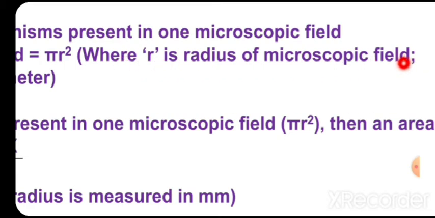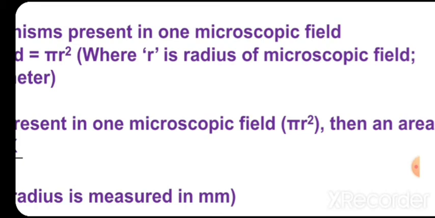The radius of this microscopic field can be determined by using a stage micrometer. You put a stage micrometer slide, which is calibrated, and try to see the lines coinciding with the two ends of the radius of that circle or microscopic field.